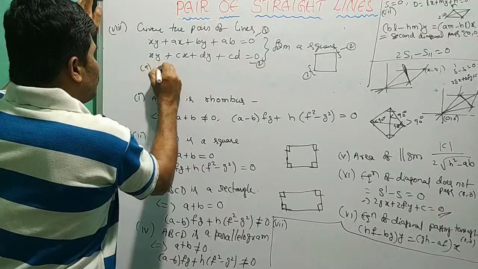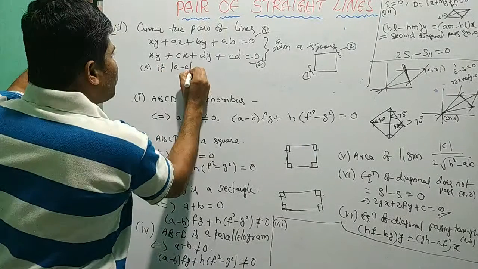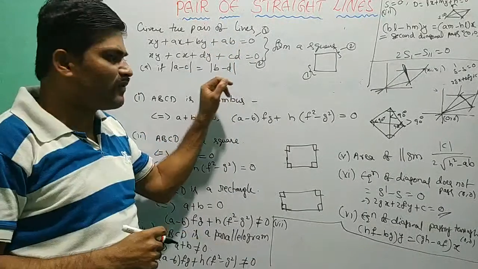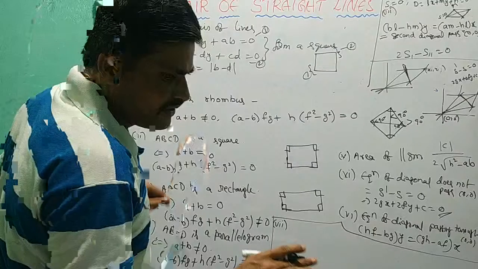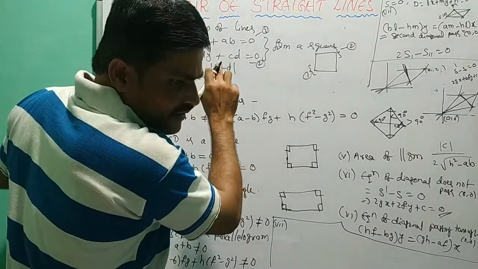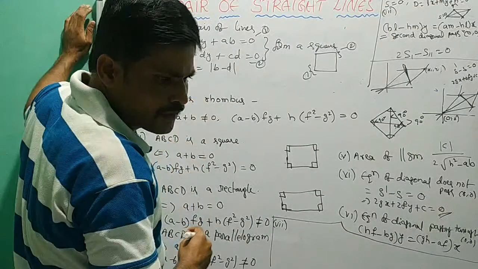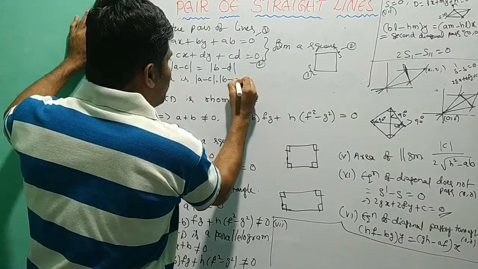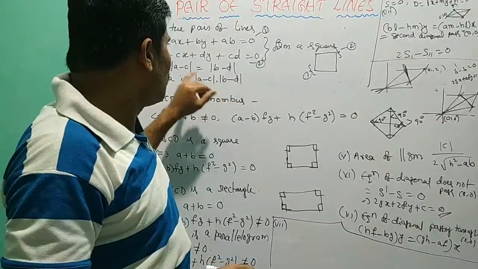Now the first condition: if the difference between a and c in modulus equals the modulus of b minus d, that is, mod of a minus c equals mod of b minus d, this is the condition. And the area is the product of mod a minus c and mod b minus d.